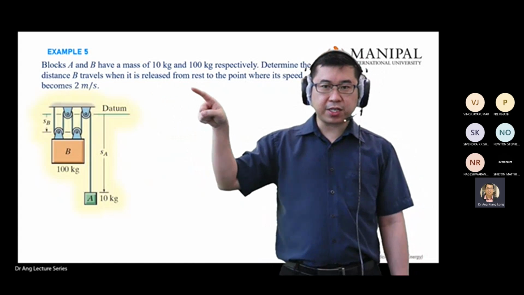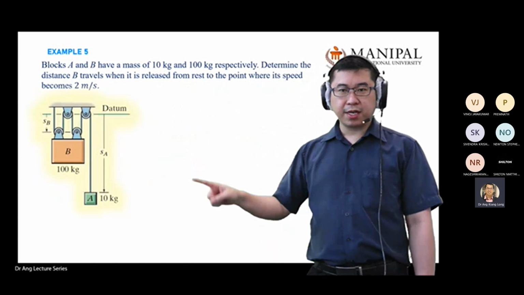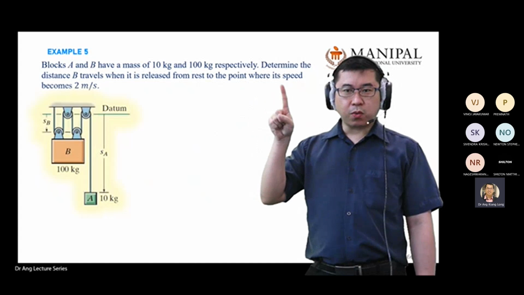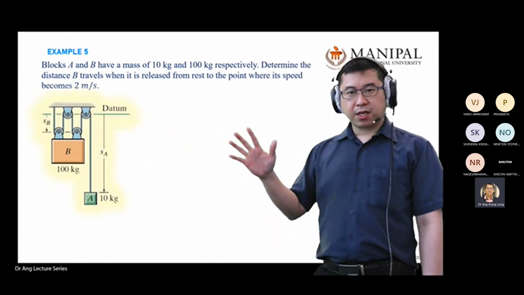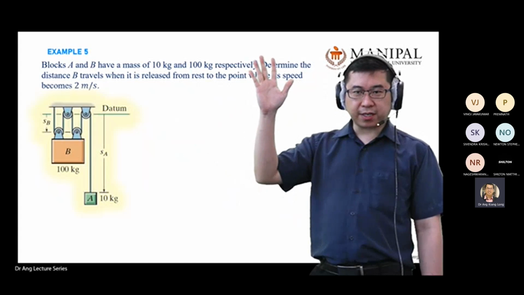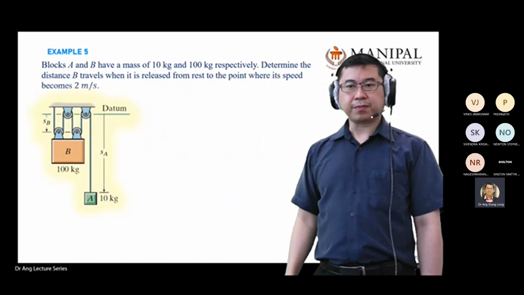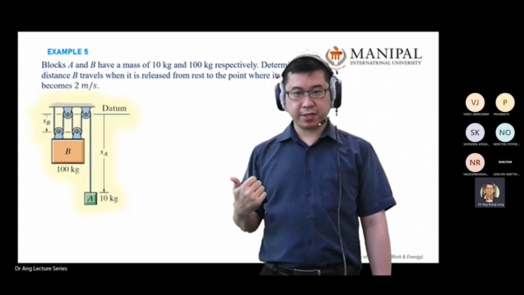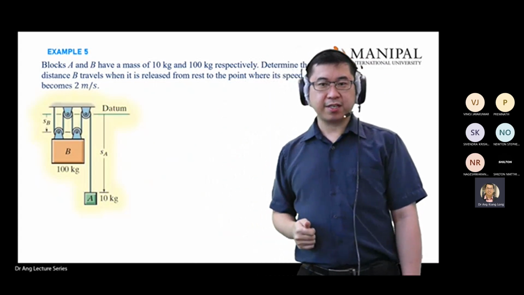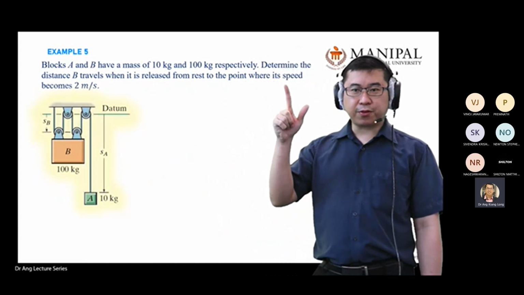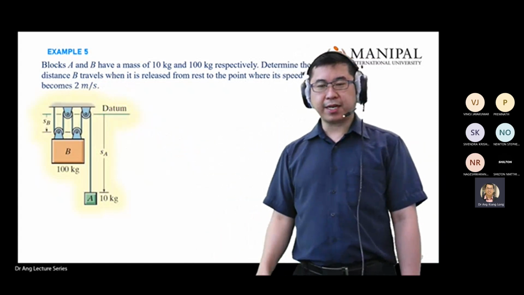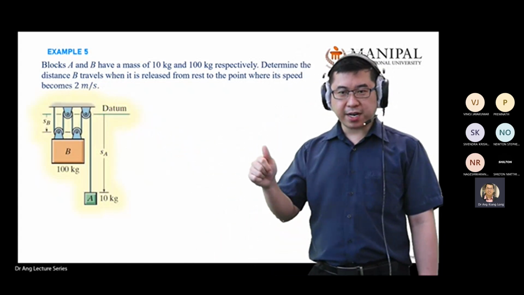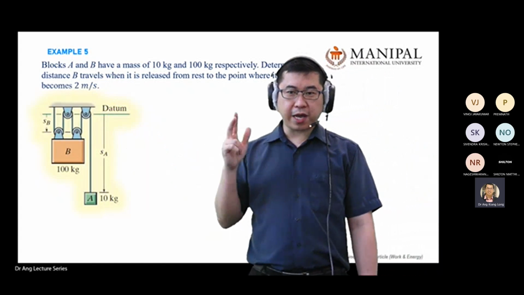You're given the velocity before the start and the point where its speed becomes 2 meters per second. You look at the question, you look at the statement here. What do you have? You have mass, you have the velocity. Velocity before start and at the point of interest is 2 meters per second. Basically, you have V1, you have V2, you have mass.